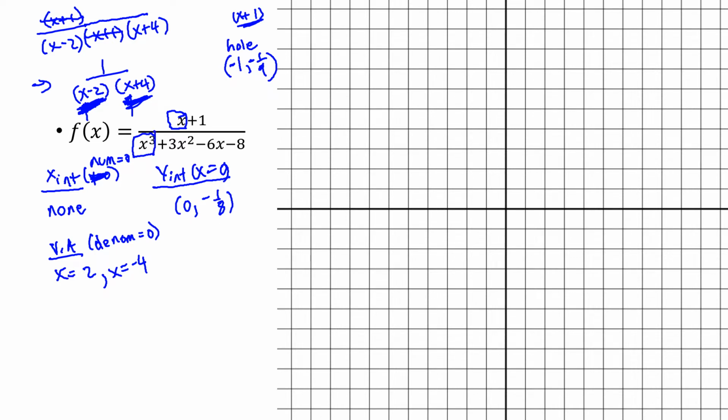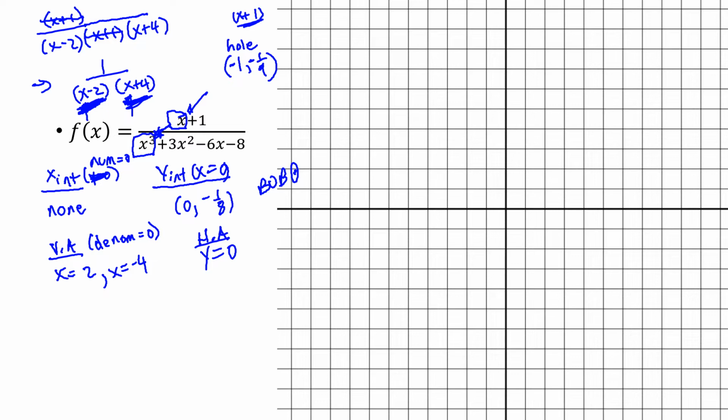So the denominator has a larger power, a power of 3 versus a power of 1. So because it's bigger on bottom, we know that 0 is our y asymptote, so our horizontal asymptote is going to be y equals 0.